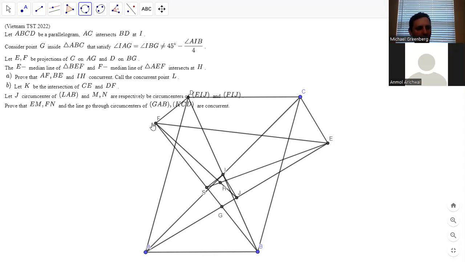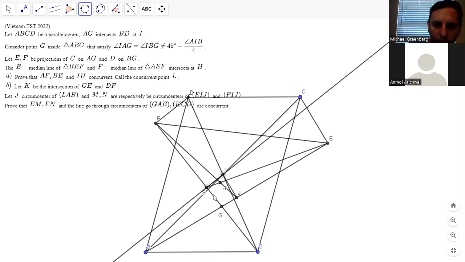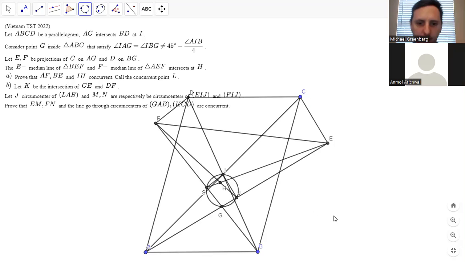Any harmonic bundles? I'm not sure. But if we take a harmonic bundle A, J, E and point at infinity and try to project it back to the main cyclic quadrilateral we have in the center, something like that.